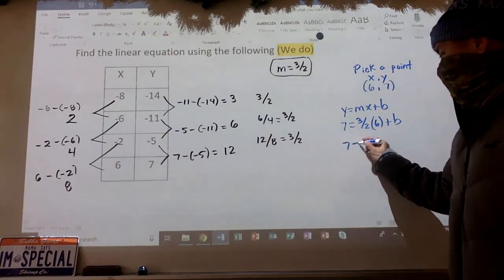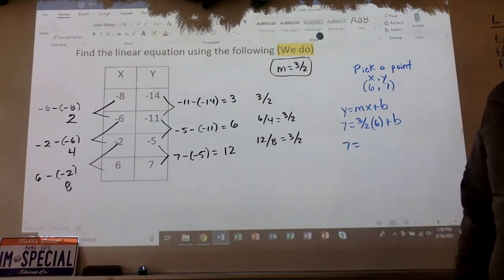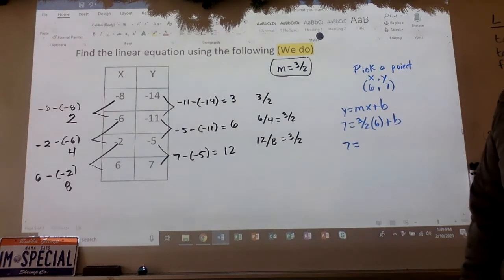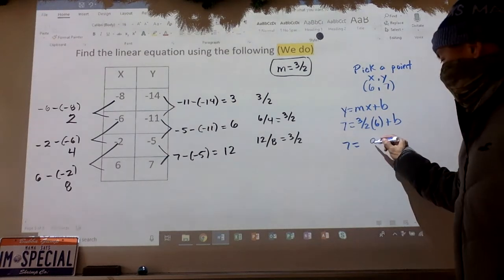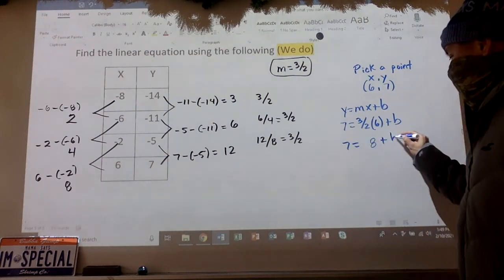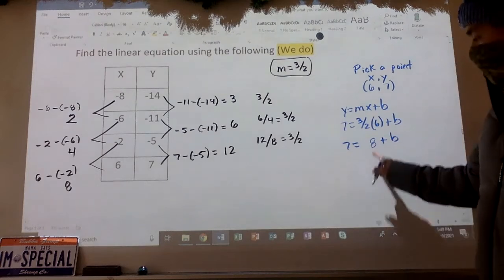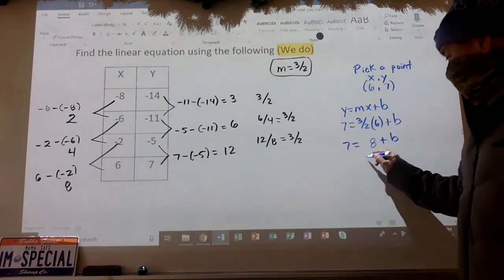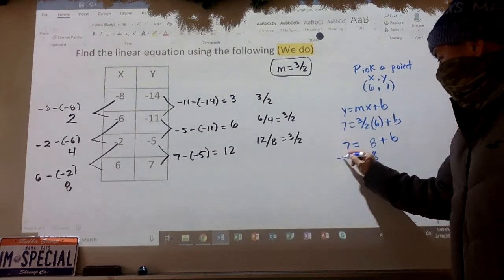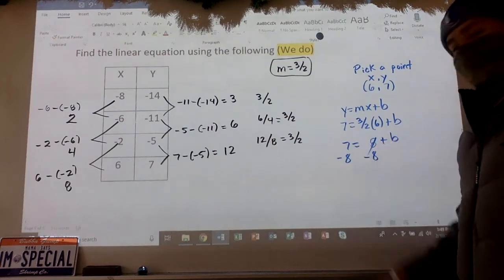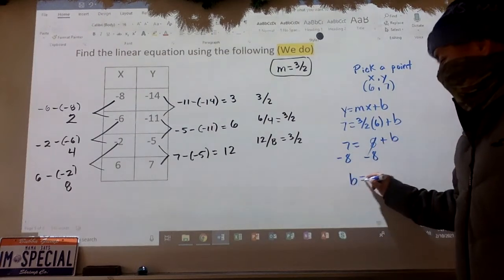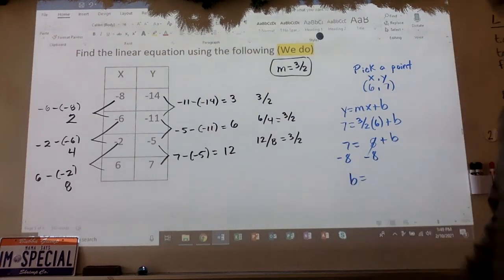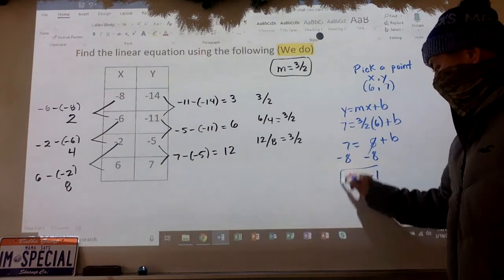So 7 equals 3 over 2 times 6. Put it on the calculator. I bet you it's going to give you a whole number. 8 plus b. So get rid of the positive 8. This cancels. b equals 7 minus 8 should give you -1.